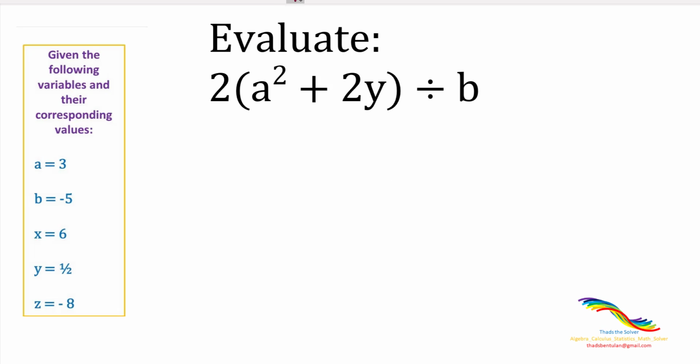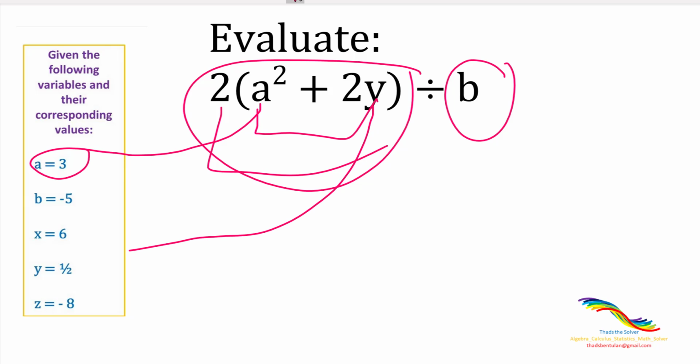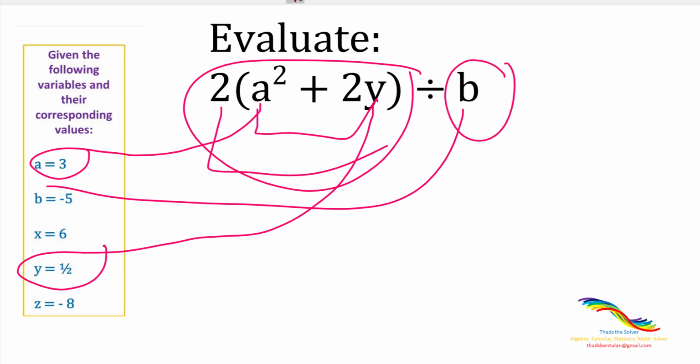So this is the quantity here multiplied by 2, all of this divided by b, where a is 3, y is 1/2, and b is -5.